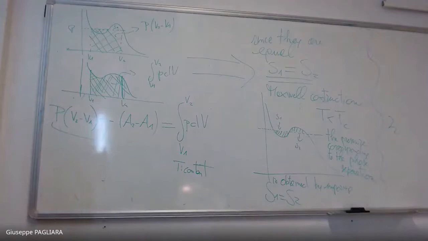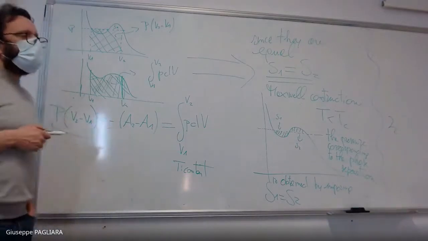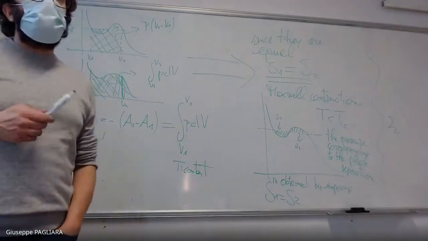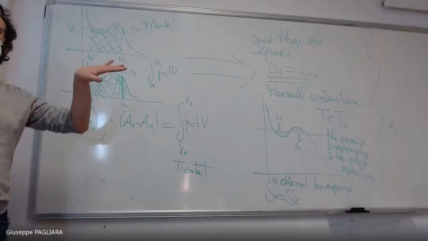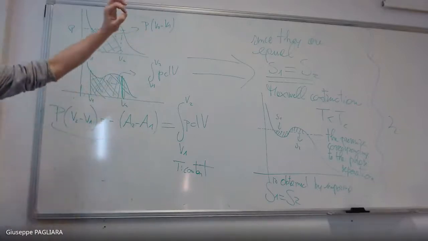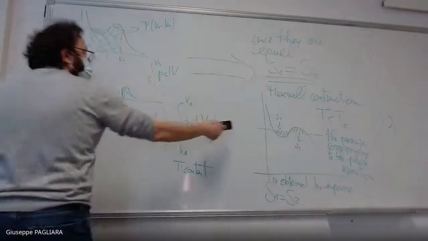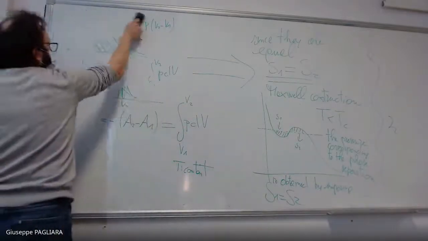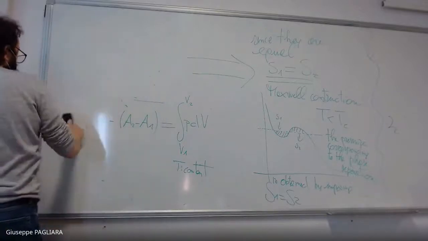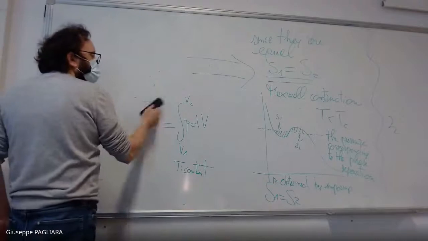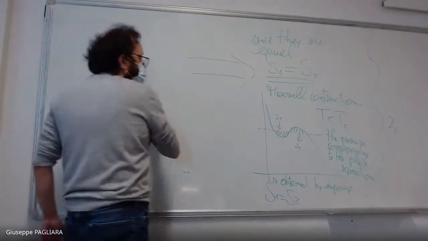Or another way, one can draw the curve of the Helmholtz free energy as a function of the volume and find the value for which there is a common tangent. Let me do the plot here. This is the easiest way to do it: you draw a van der Waals line and you choose the value of the pressure in such a way that these two areas, S1 and S2, are equal.